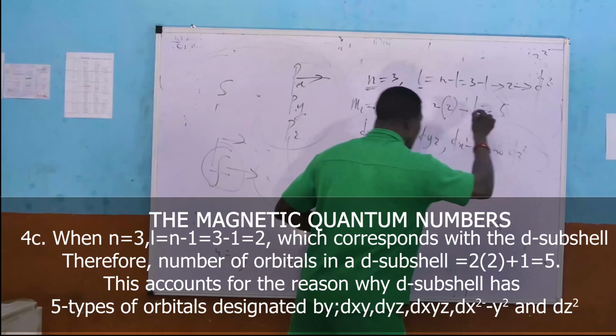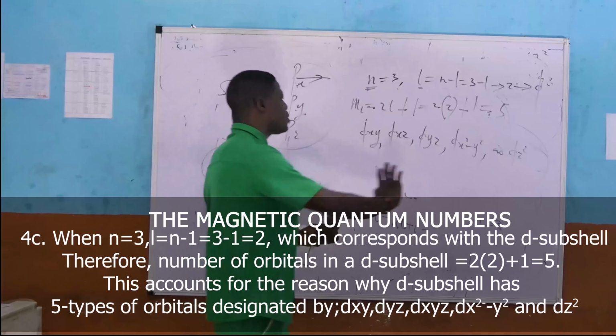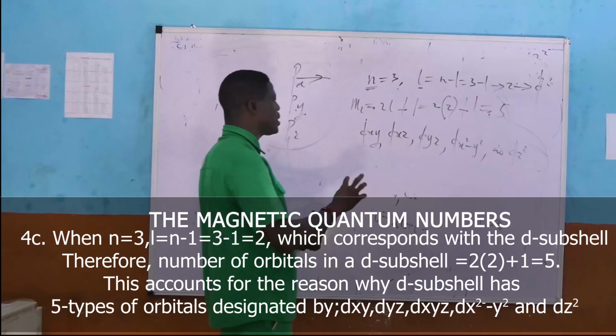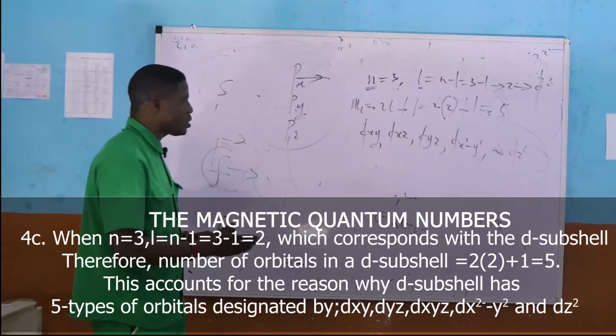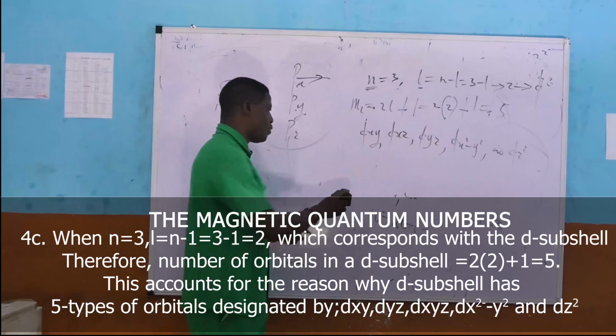These are the 5 types. Please have this at the back of your mind. It's going to enhance your performance professionally in writing the electronic configuration of the various elements as we have them documented in the iconic version of the periodic table.